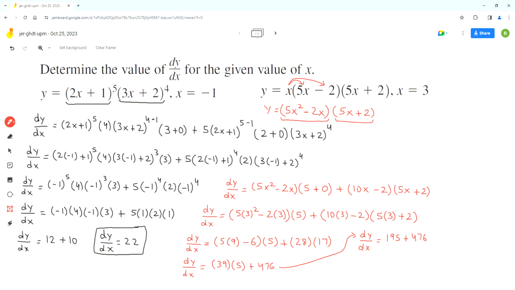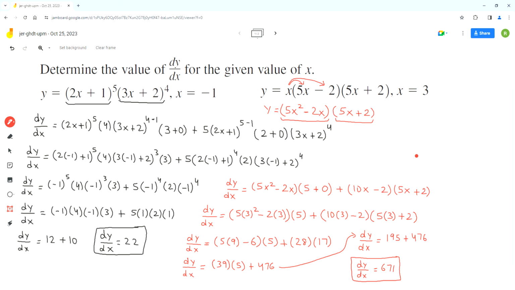So 195 plus 476 is equal to 671. So this should be the final answer for the value of dy over dx for this function at x equals 3.